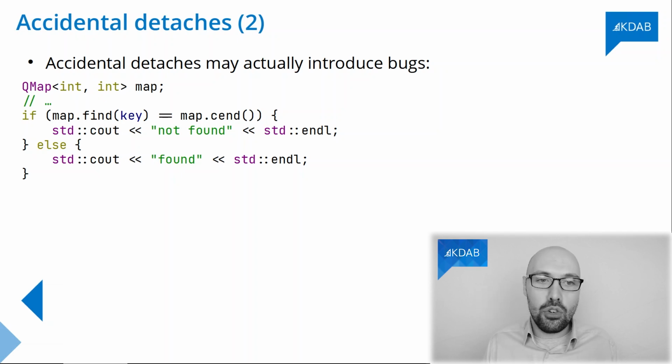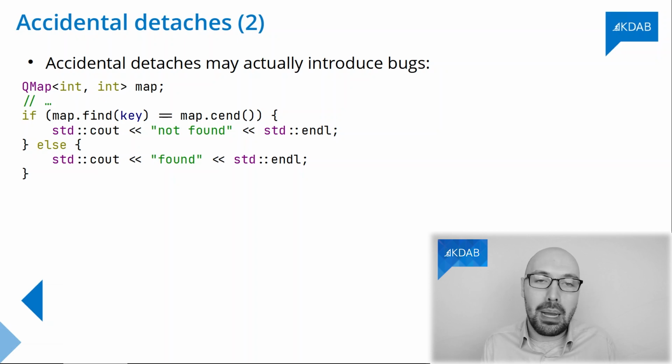The problem is, as usual, that find is a non-const function. When you call find on a map, what kind of iterator do you get? Especially when you call find on a non-const map. That's right, you get a mutating iterator. So you get an iterator that you can use to modify the contents of the map. Since that's a possibility, what find does is to detach the map.